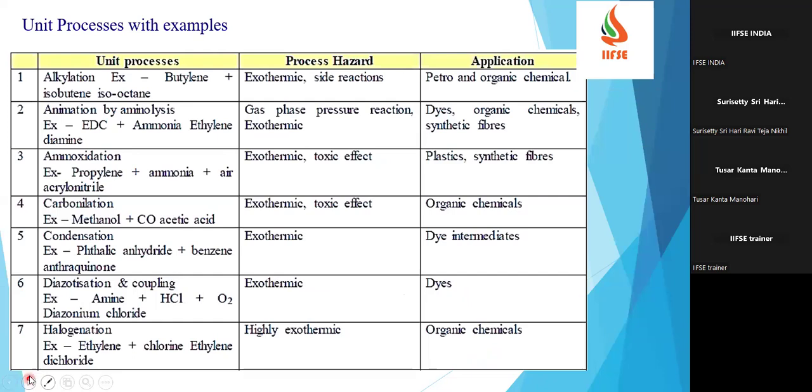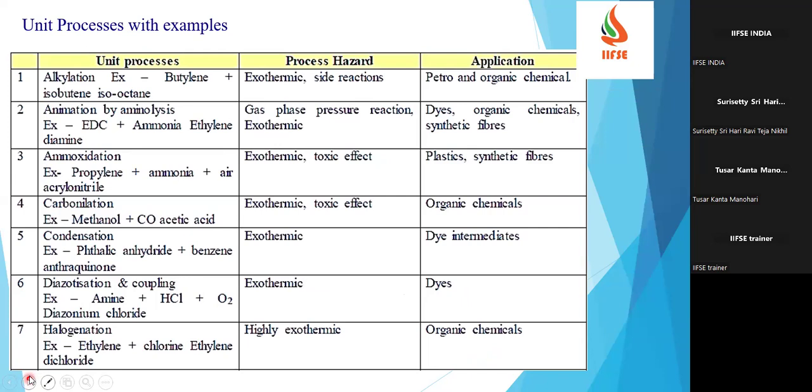Now some of the hazards associated with the unit processes, and which industries these kinds of hazards are present in. Alkylation, for example butene plus isobutane giving isooctane, where the process hazard is exothermic reaction and side reactions.